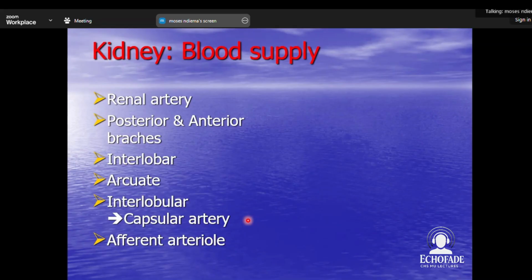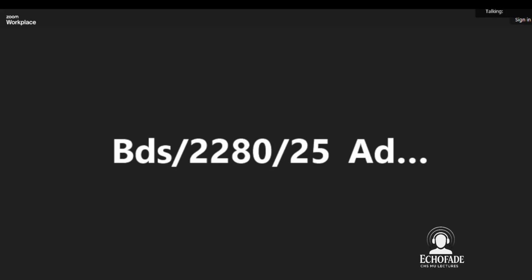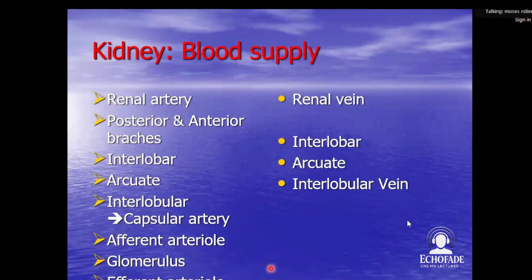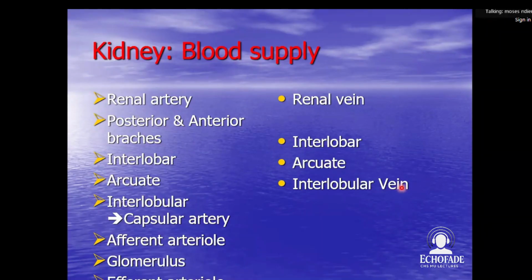So here we are talking about a capillary network in the glomerulus, and another capillary network. So from the efferent arteriole, you have vasa recta, and then interlobular, the arcuate, interlobar, and then the renal vein. So that is how the blood flow to the kidney is concerned.